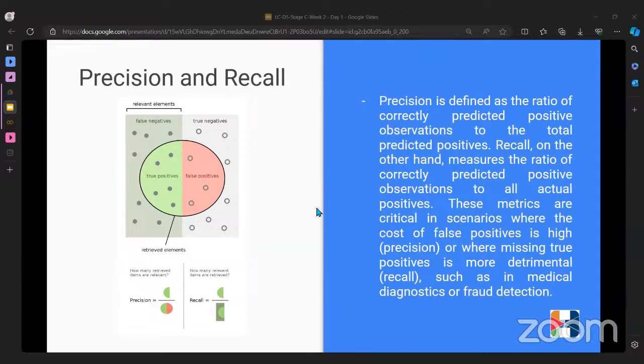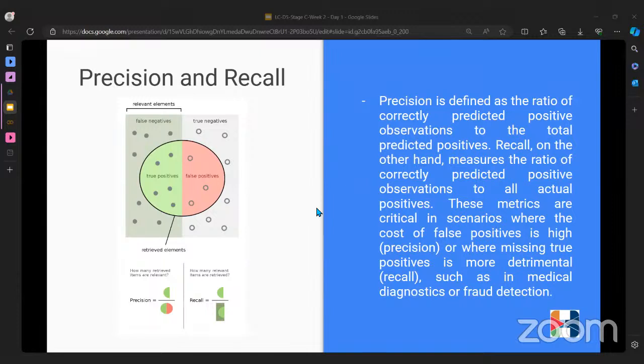So in our test data, let's say we're trying to classify 1 and 0, and you have 1 in 50 places. Recall is like: out of those 50 that had a value of 1, how many was the model able to identify as 1? That's recall for you.